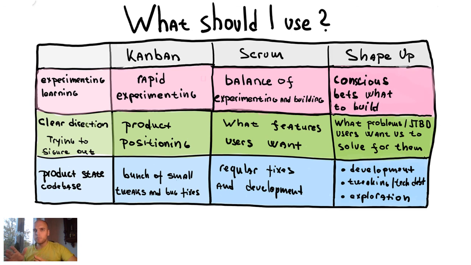Then there is this cooldown period where you can tackle technical debt, maybe small bug fixes, and so on. And there is also an exploration phase, which is treated as something different, because it's when the product people should explore the solution and do the shaping.